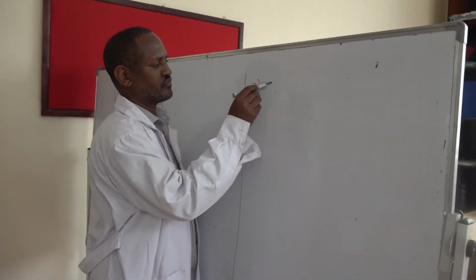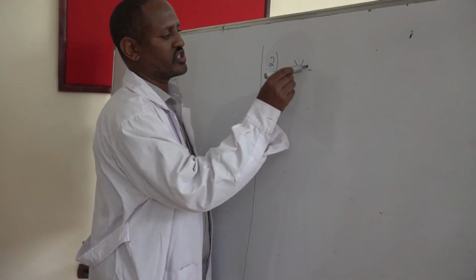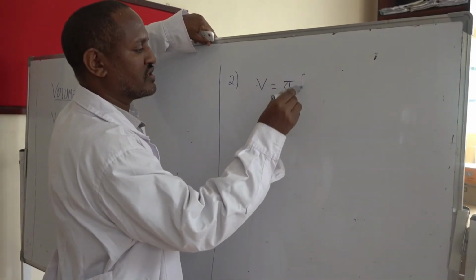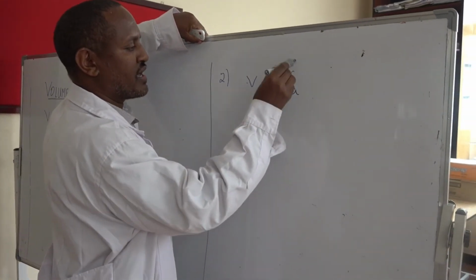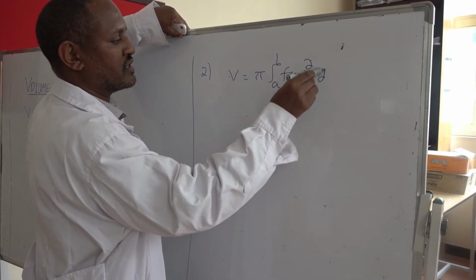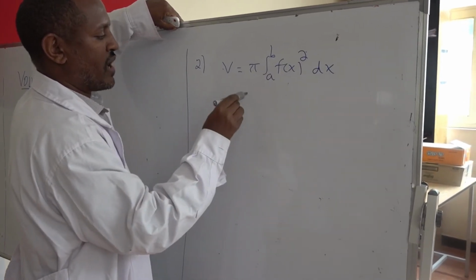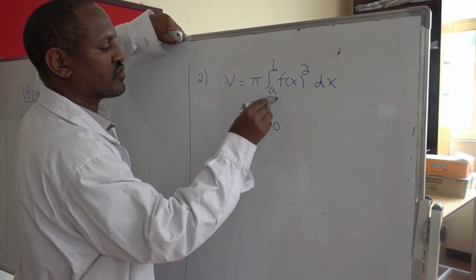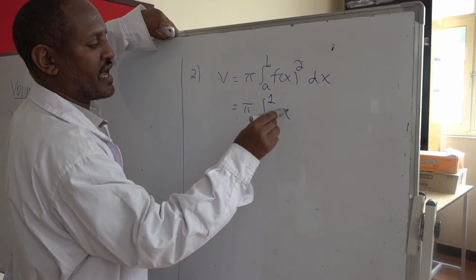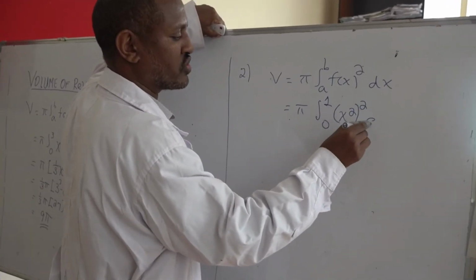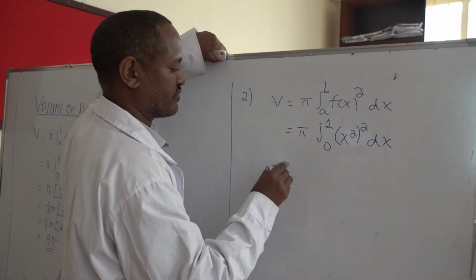Question number 2. Volume of revolution about the x-axis is pi times the integral from a to b of f of x the whole square dx. Pi times the integral from a to b, in our case from 0 to 1, and f of x is given to be x squared, so you'll have x squared the whole squared dx.